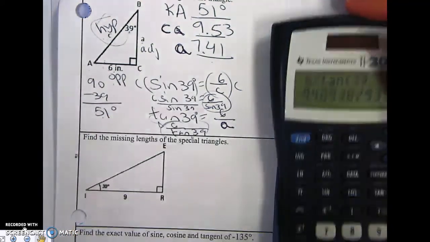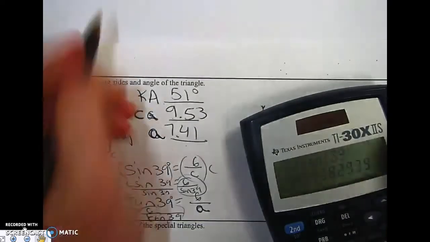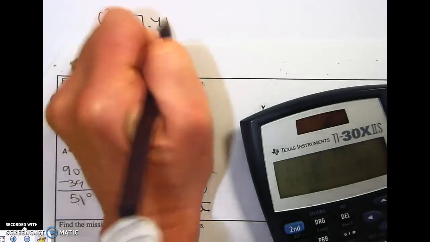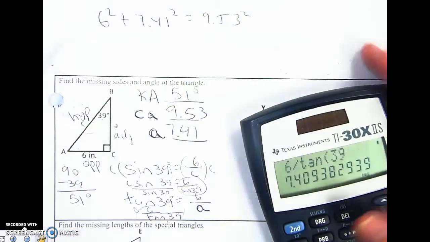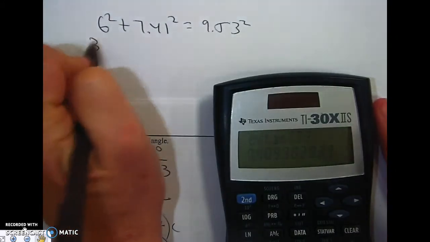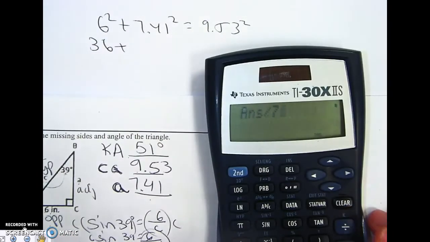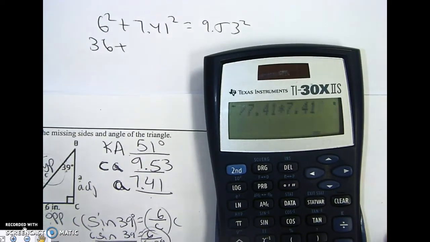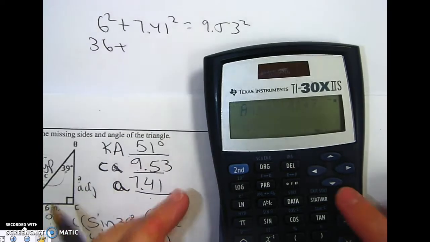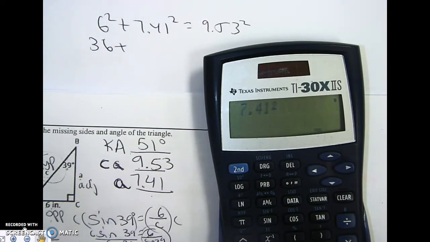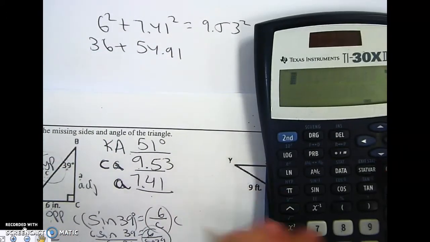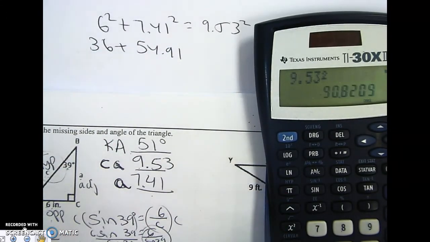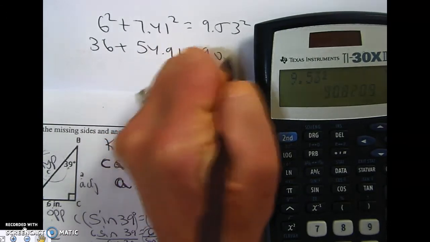Now, if I have time at the end to check, I'll use the Pythagorean theorem. So I'll go 6 squared plus 7.41 squared equals 9.53 squared. It's not going to be perfect, but it will be close. 6 squared is 36. 7.41 squared is 54.91, and 9.53 squared is 90.82.